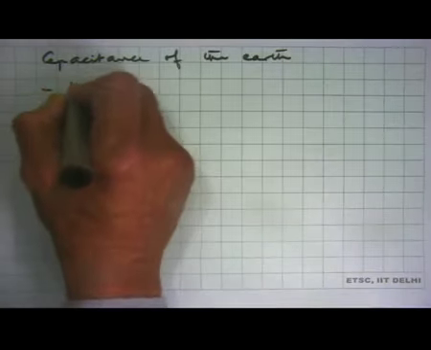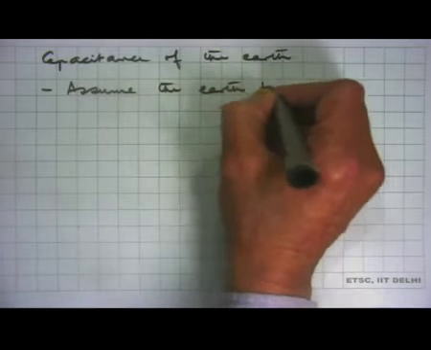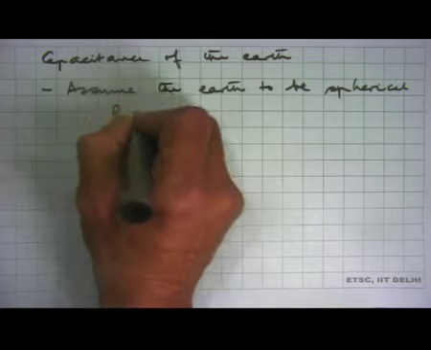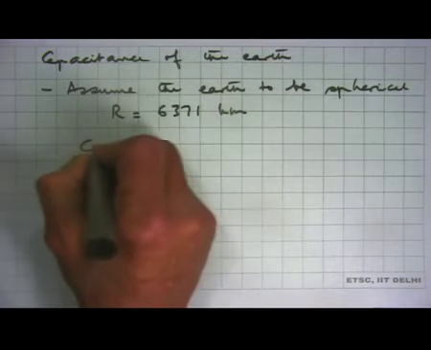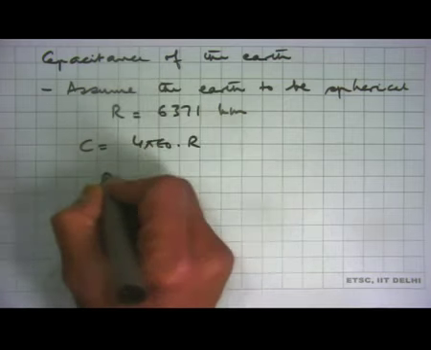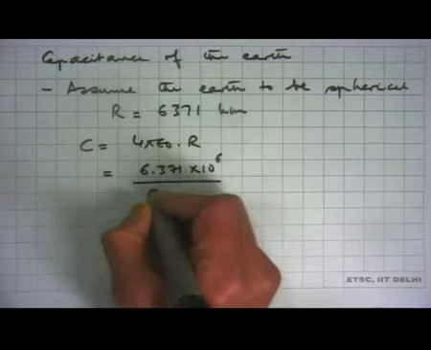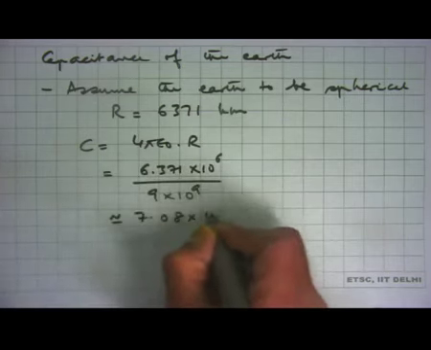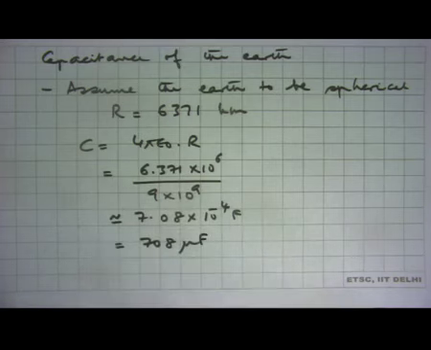To do this we assume the earth to be spherical, the radius of the earth is 6,371 kilometers, and so the capacitance is equal to 4 pi epsilon 0 into the radius, which is equal to 6.371 into 10 to the power 6 by 9 into 10 to the power 9, which is about 7.08 into 10 to the minus 4 farad, which is actually 708 microfarad.